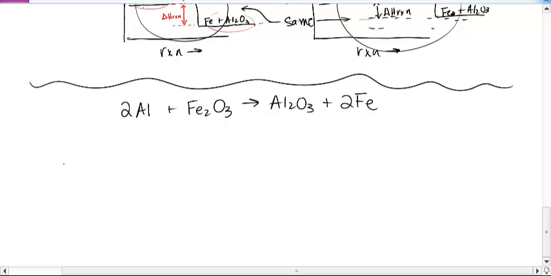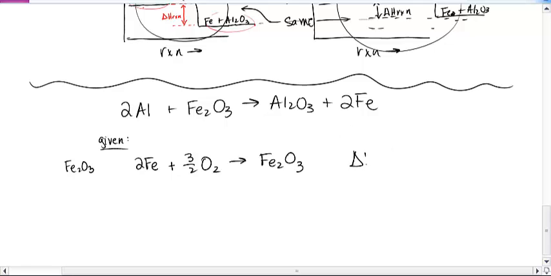Let's say there's this piece of information about Fe2O3 that is being provided to you as given information: if you take some iron and some oxygen, you can produce an Fe2O3 formula unit, and the heat for that specific reaction is negative 824.2 kilojoules per mole.